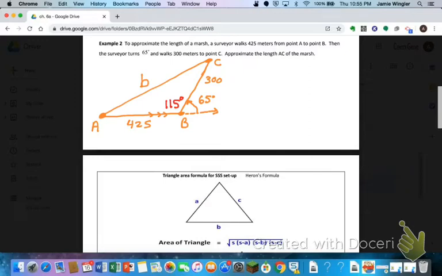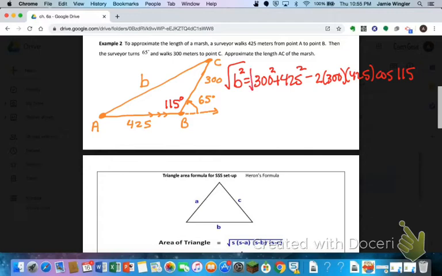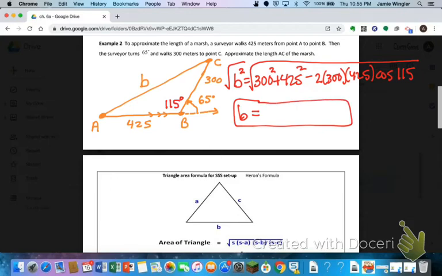And then we're going to use the standard form, and we know that B squared equals A squared plus C squared minus 2 times A times C times the cosine of angle B. I'm going to plug this in all at once into my calculator by hitting the square root button first because I want to solve for side B. And when I plug that into my calculator, I should get 615.14 meters. And that's the approximate length of the marsh. And that makes sense because it's opposite the biggest angle.